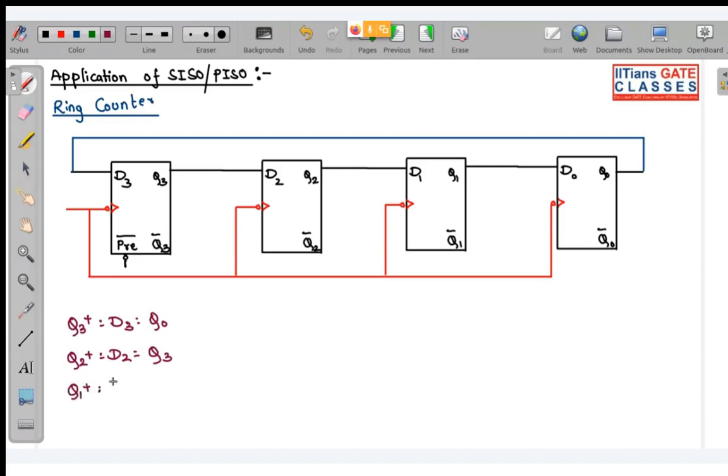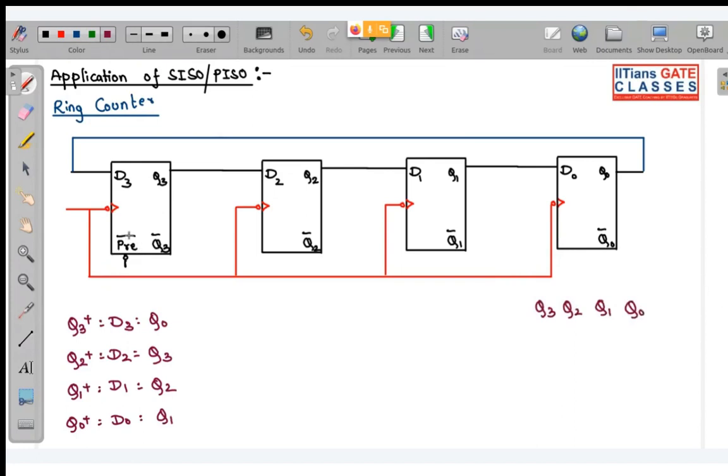Q1 plus is equal to D1, which is equal to Q2, and Q0 plus is equal to D0, which is equal to Q1. Okay, you can see it from here. Now I am assuming that the order of the output variables I am taking is Q3, Q2, Q1, Q0.